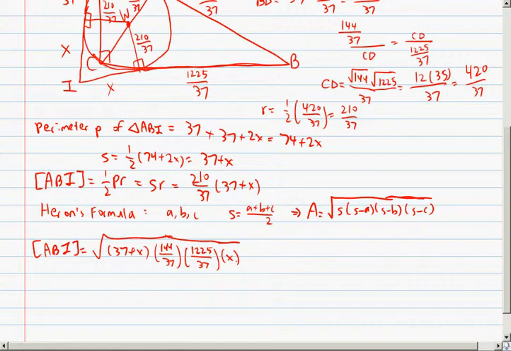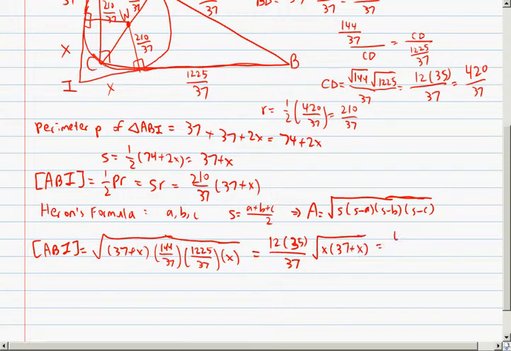Now what can we do now? Well, we can simplify this further, and that gives us 12 times 35 all over 37 times the square root of the quantity x times 37 plus x.